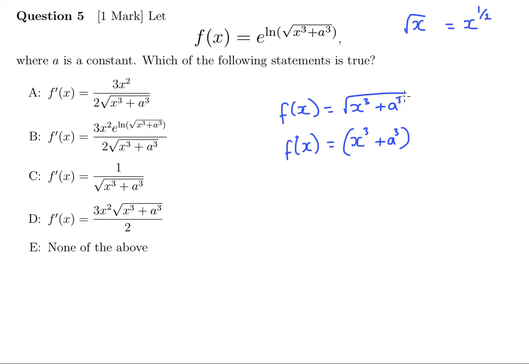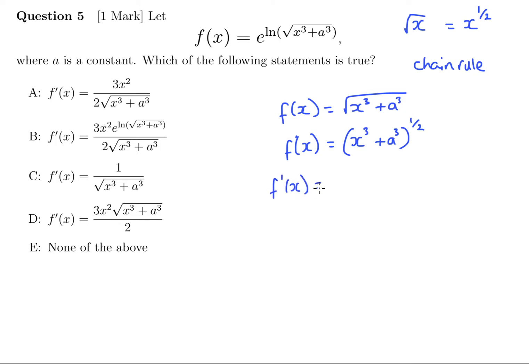So we're going to swap this root for a power of a half. We're then going to use the thing called the chain rule, which I talked about on the other videos for differentiation, which is when you pretend the thing in the bracket is just an x. You then bring the power down and take one off the power.